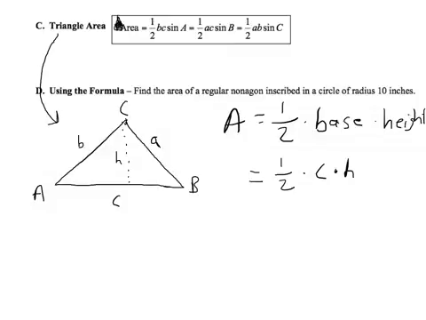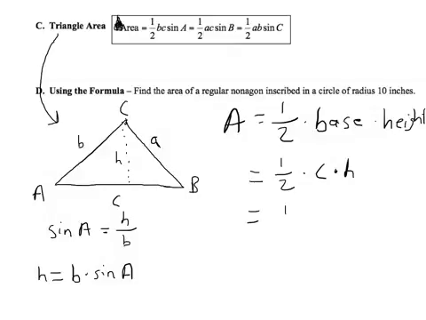If I were to look at this right triangle right here, I could say that sine of angle A equals H over B, and if I were to rearrange that, I would get H equals B times sine of angle A. And so this is now going to go back into this part of my formula over here.